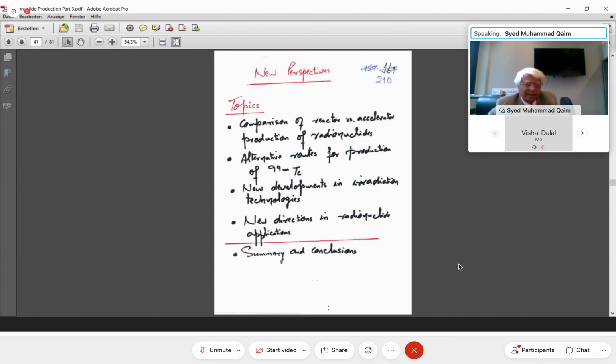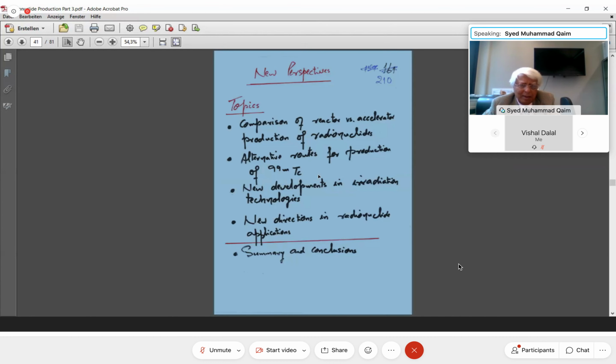Then we will consider the next topic, new developments in irradiation technologies. There's constant technological work going on in radiation technologies, either at cyclotrons, accelerators, linear accelerators. We will talk on the new directions in radionuclide applications.